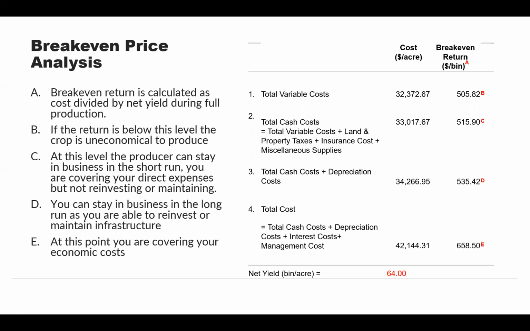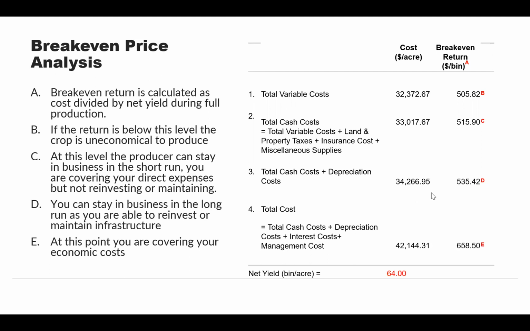And so, for example, with this enterprise budget, they've calculated that total variable costs are $32,372. Total cash costs, so this would be the variable costs plus most of the fixed costs, are $33,017.67.